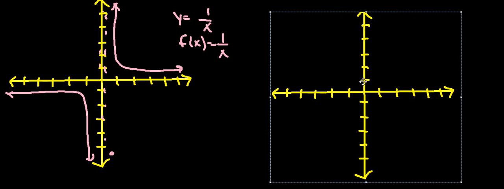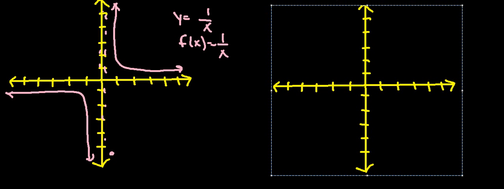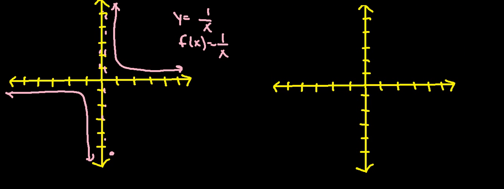So if we wanted to shift this 3 units to the right, we just take the center of this graph and move it 1, 2, 3 units over. So instead of 0 being the number that this graph approaches and never touches, it's going to be positive 3. So this would be where 0 is on that graph, and it would look like this.